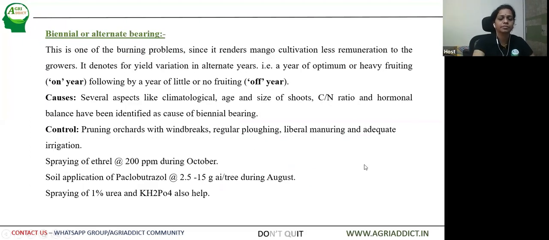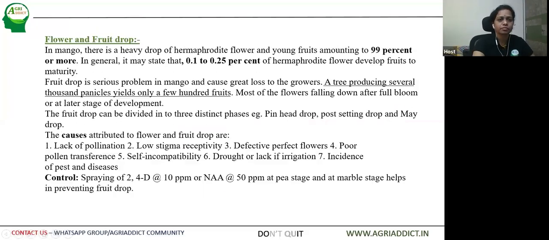Then the flower and fruit drop. Some of the physiological problems which occur in mango, the first main one is flower and fruit drop.